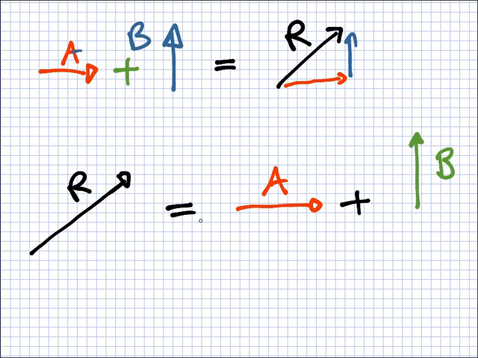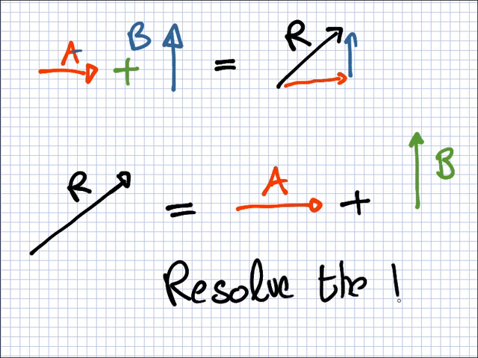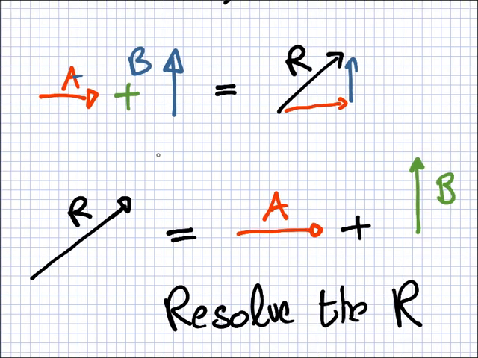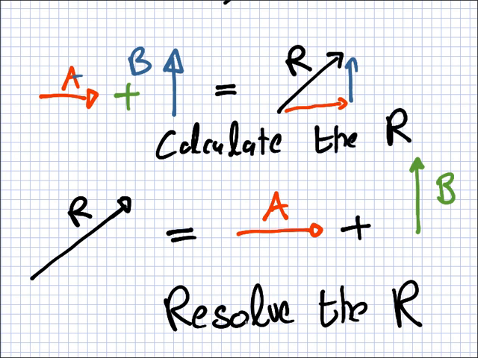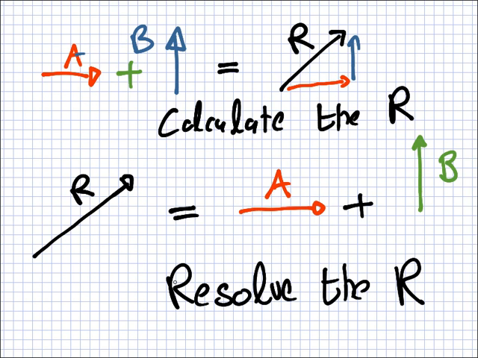Yes, yeah. We'll just use sine and cos though, yeah. This is called resolving the OR vector, when you go backwards. And this one here is where you calculate the resultant, or get the resultant. Calculate the OR, and then resolve the OR. So you might want to write those words down.